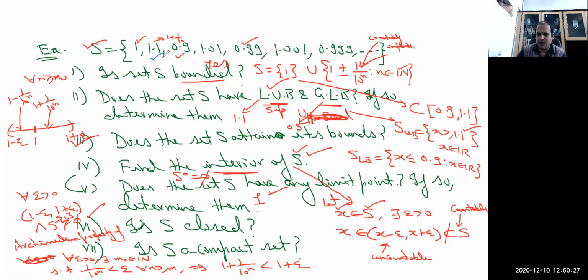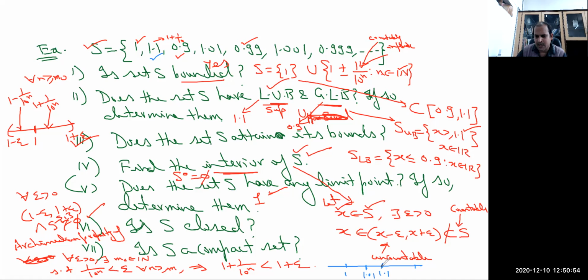Is 1.1 its limit point? On the number line, let here denote 1.1, and to the left of it the numbers are 1.01, 1.001 and so on. Yes, 1.1 is the largest one.